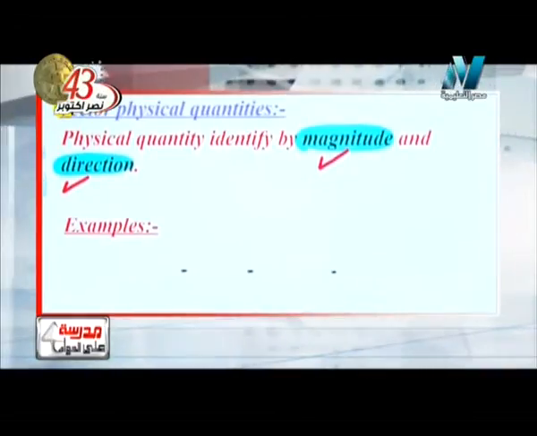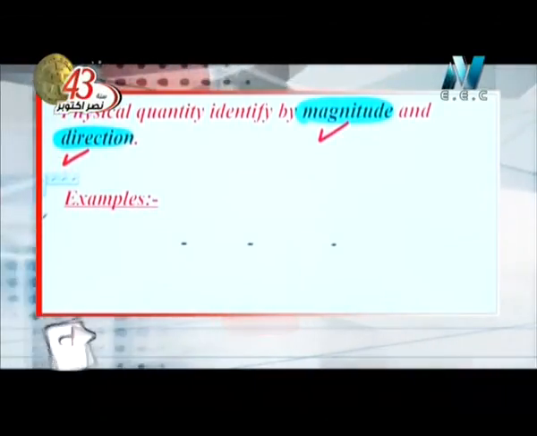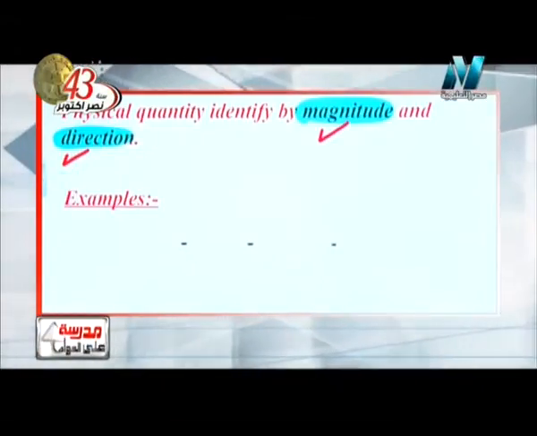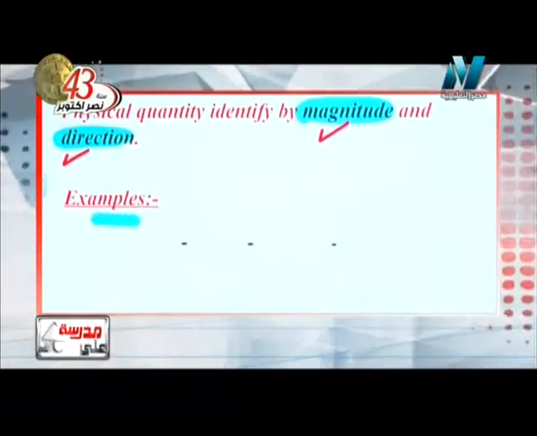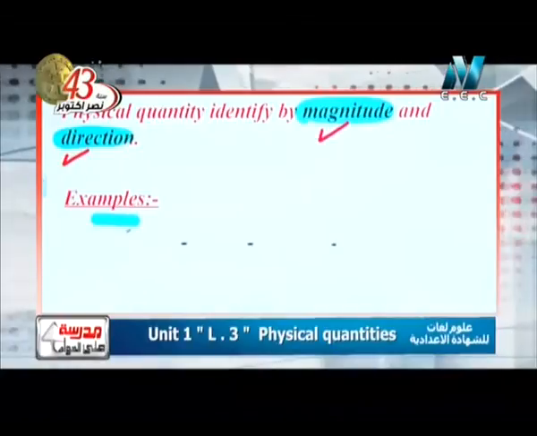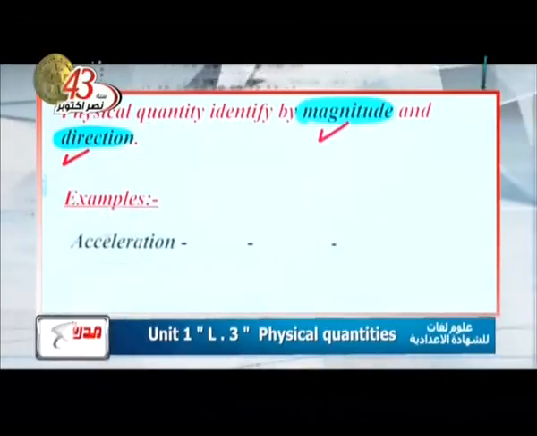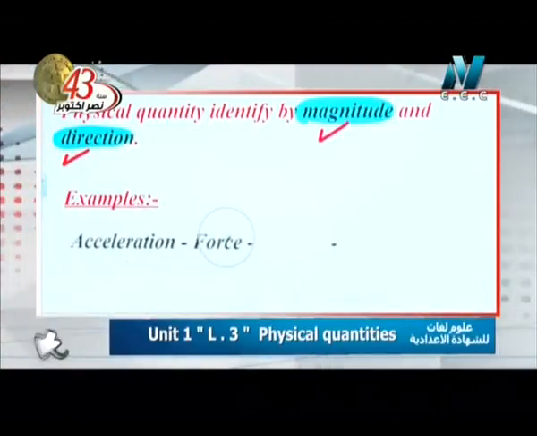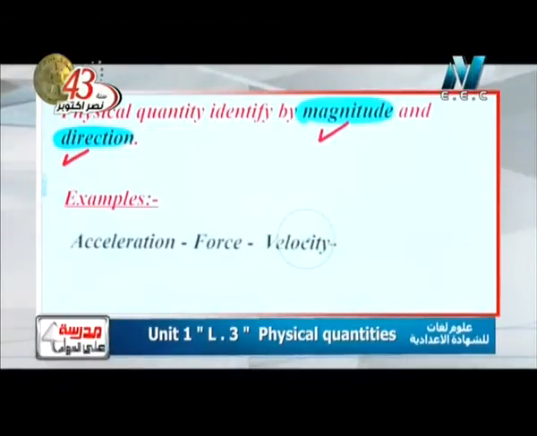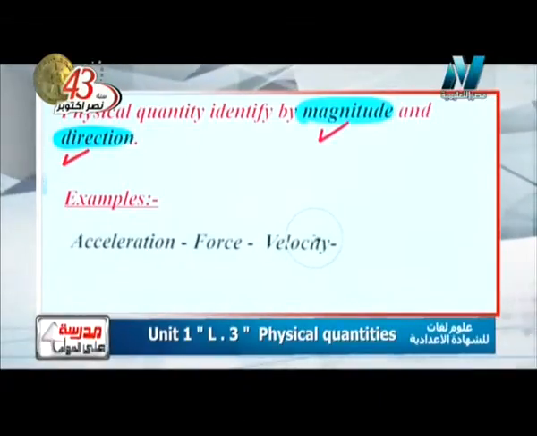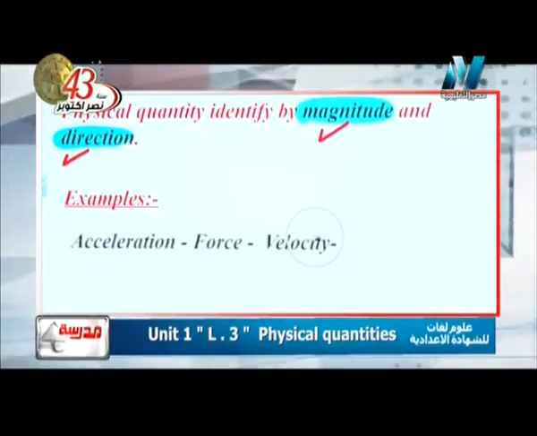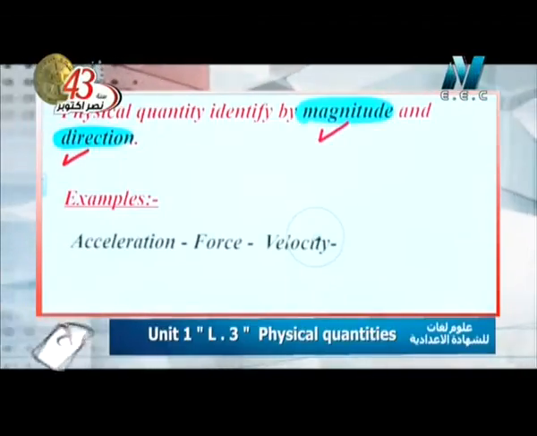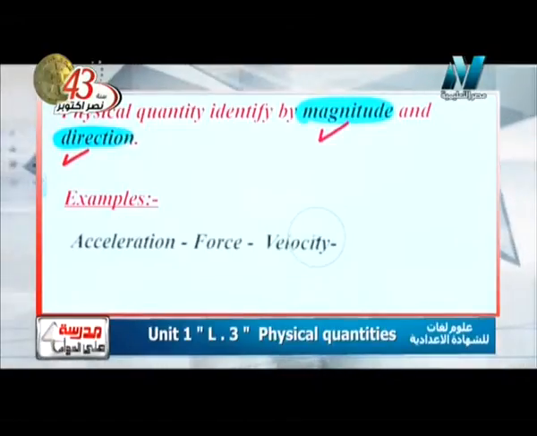As we see here, dear students, we have examples about the scalar physical quantities, and we have other examples of vector physical quantities, such as acceleration, force, and velocity. Velocity is a new concept today; as we know before, speed is the distance covered per unit of time. Today we have a great difference between velocity and speed.